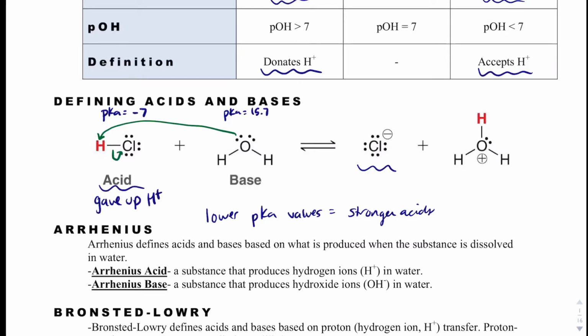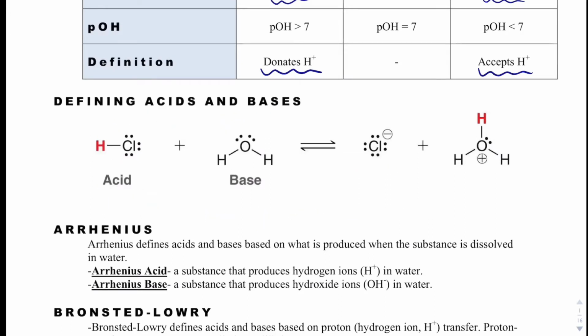Now, I'm going to erase all of this, and we're going to say, okay, well, these equilibrium arrows say that we can go backwards. And so if we go backwards, chlorine would behave as a base because it's coming in, getting an H, and then giving the electrons back to oxygen.